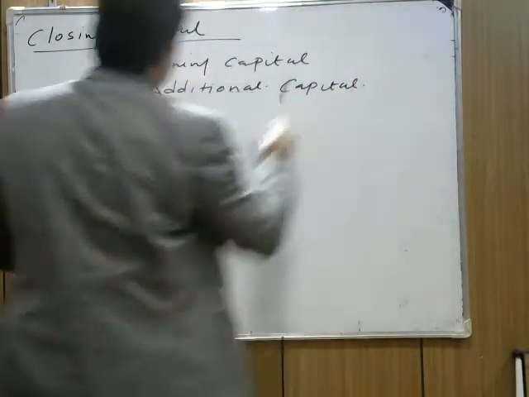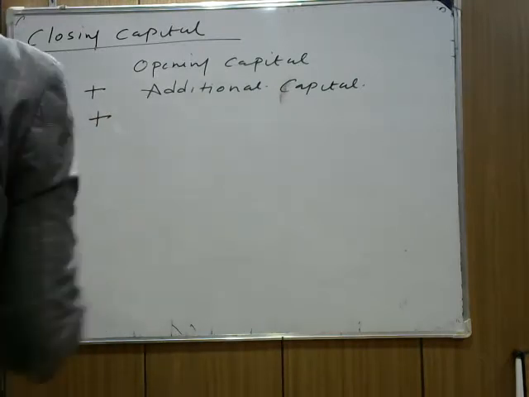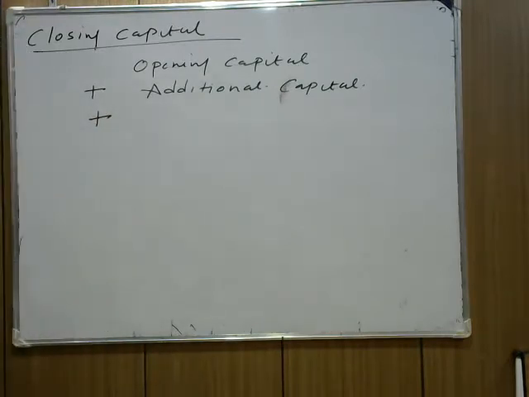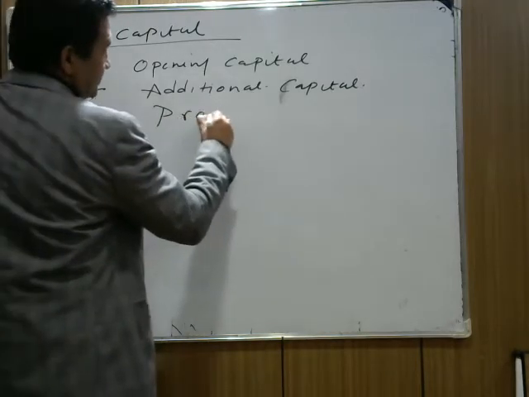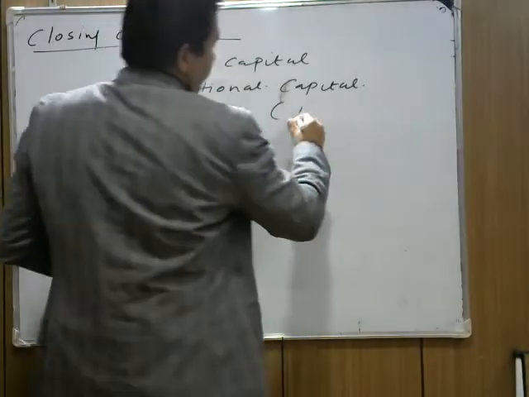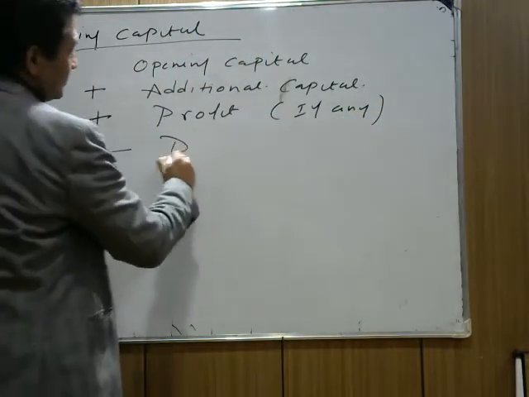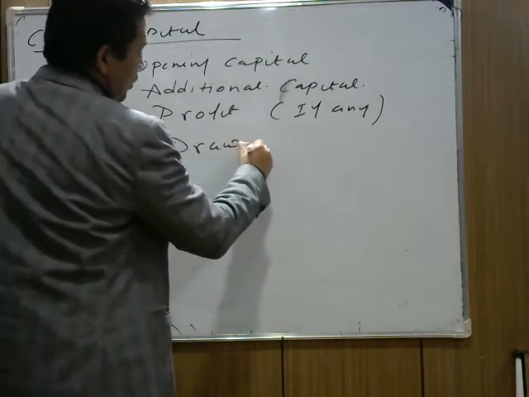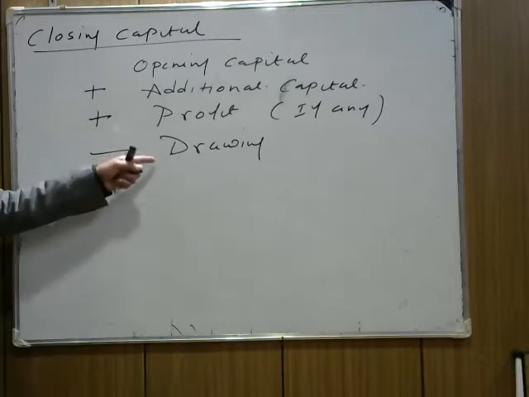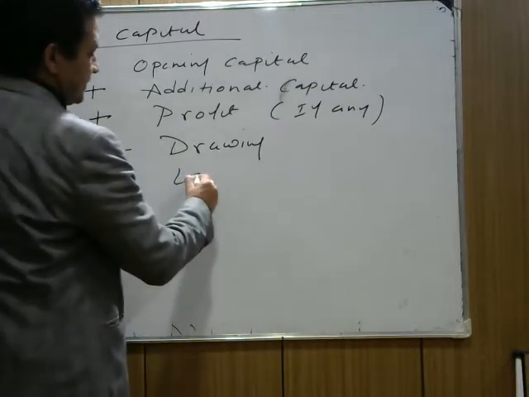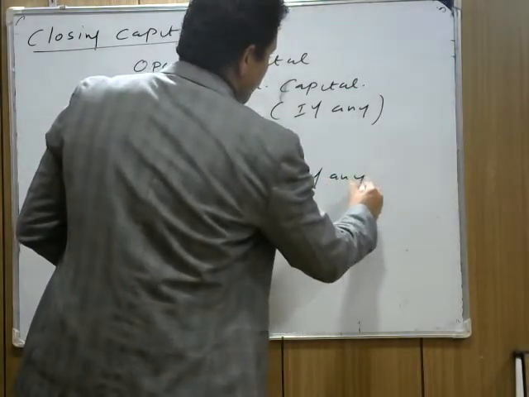Plus profit, if any profit is there, it will be added. Minus drawing, the business money you utilize for your personal use, it will be deducted. Minus losses, if any.